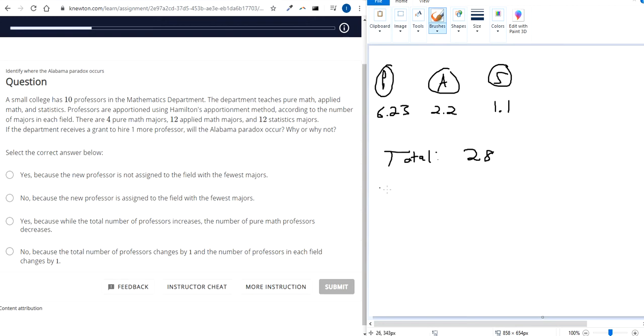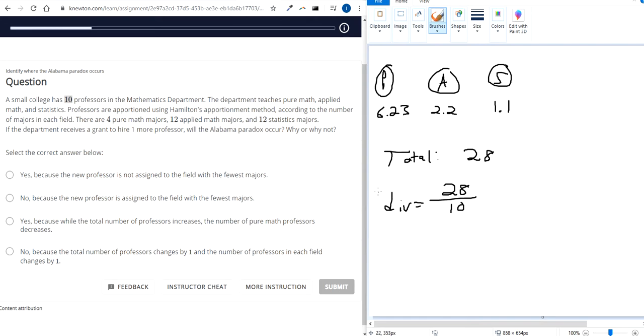And then we have to find the divisor, right? That standard divisor, which is where you take the population and you divide it by the number of representatives you have. Okay, so our population is 28 math majors, and right now we have 10 professors available.